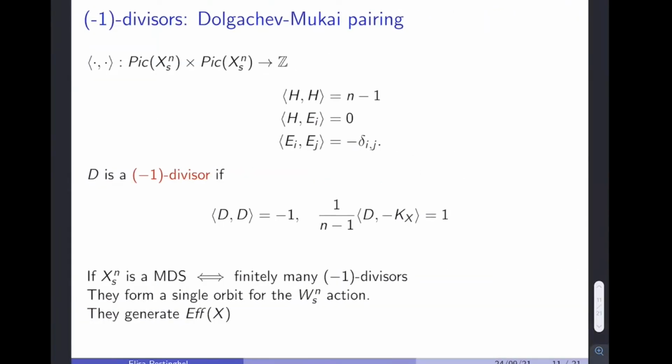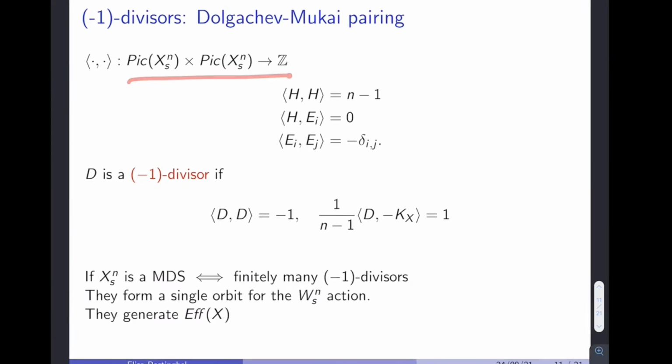So first of all, we need to define sort of an intersection pairing between divisors, and that was introduced by Dolgachev and used by Mukai. It's a bilinear pairing on the Picard group, and it has a diagonal matrix.